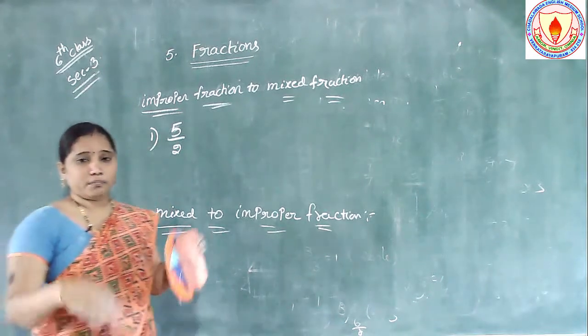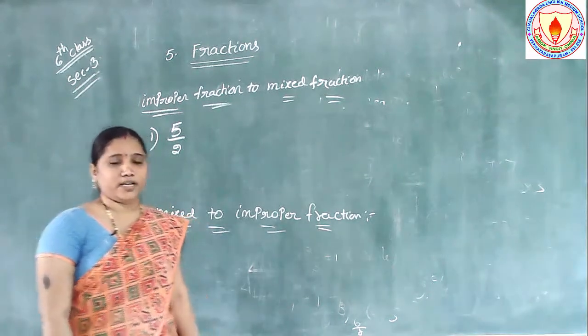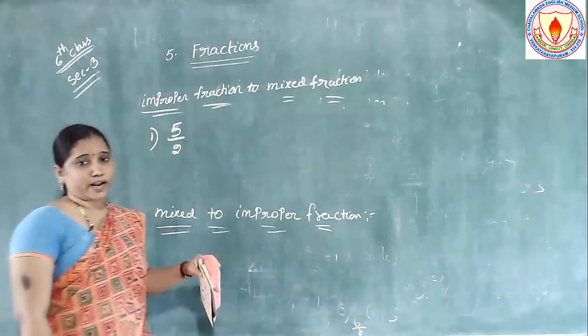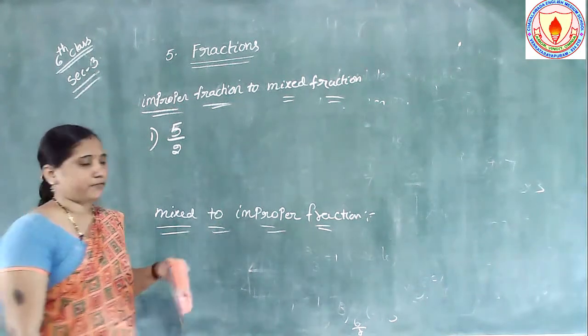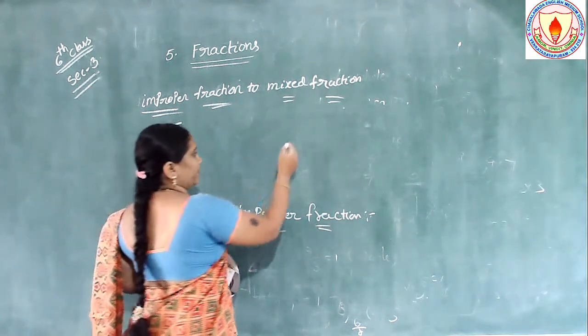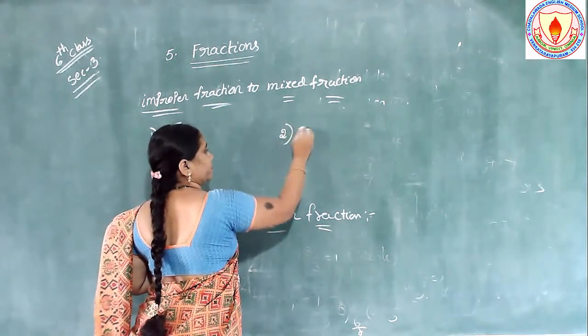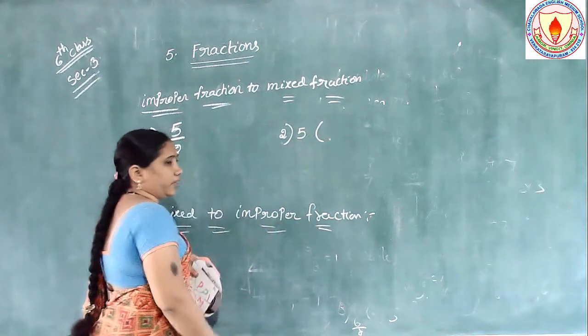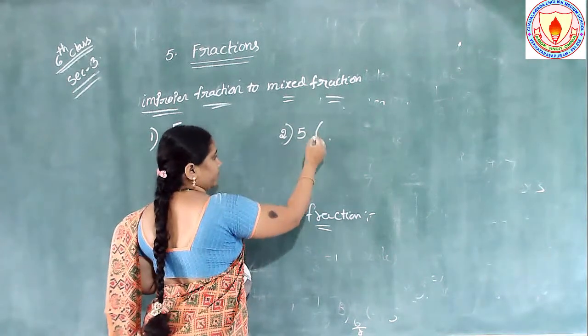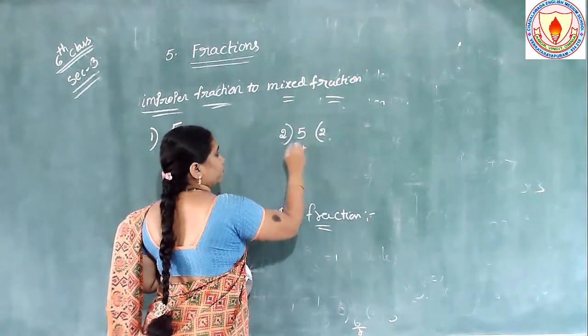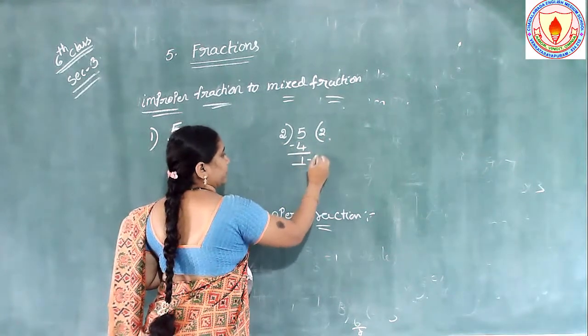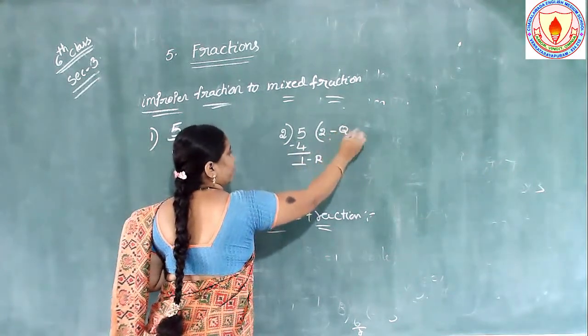ఇప్పుడు దీన్ని మనం మిక్స్డ్ ఫ్రాక్షన్స్ కింద ఎలా మార్చాలి? So if they given an improper fraction, how to convert into the mixed fraction? You simply do the division. ఏ నెంబర్ అయితే ఇచ్చారో దాన్ని డివిజన్ చేయండి. 2 table 1 time is less, number 2 times 4. See, this is the remainder and this is the quotient.